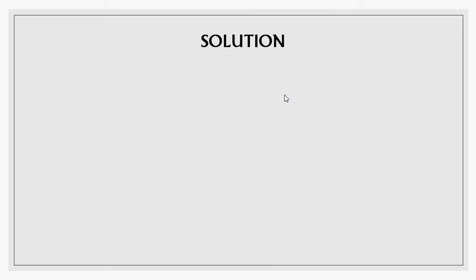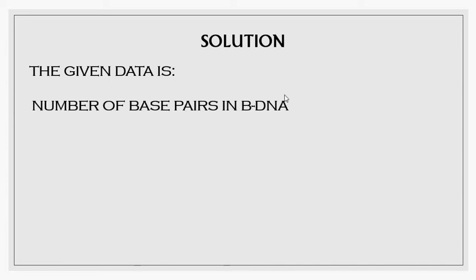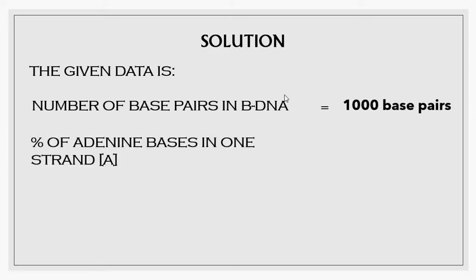Let's see the solution. As per the question, the given data is: the number of base pairs in B-DNA is equal to 1000 base pairs. The percent of adenine bases in one strand A is equal to 75%.